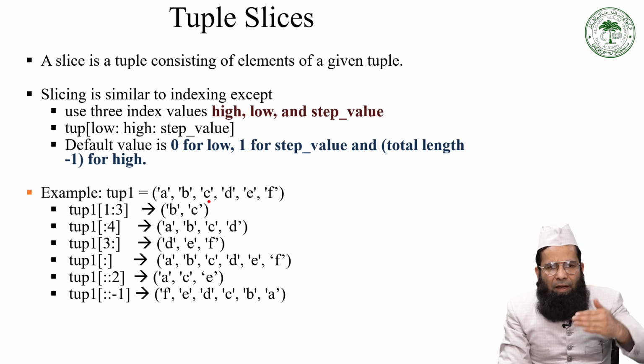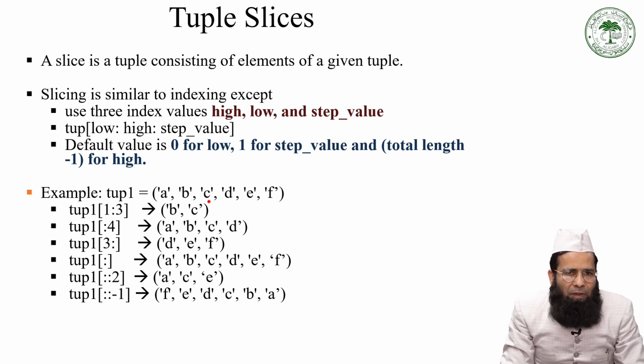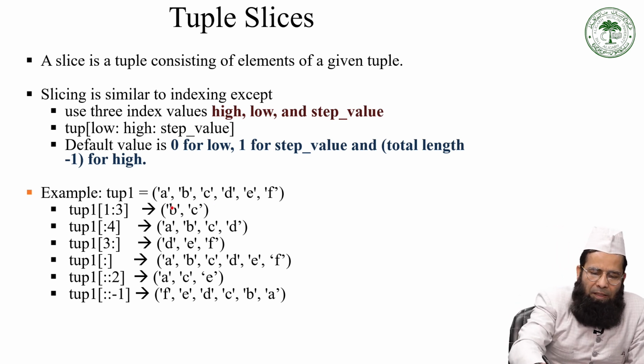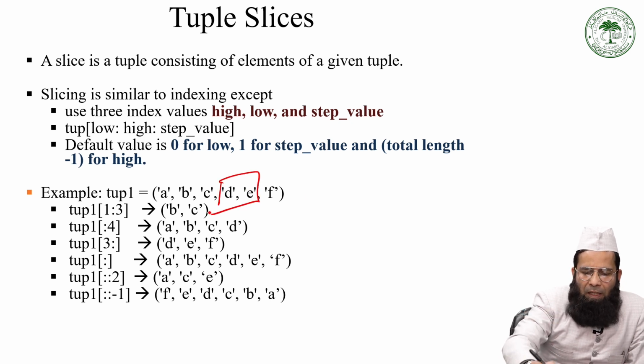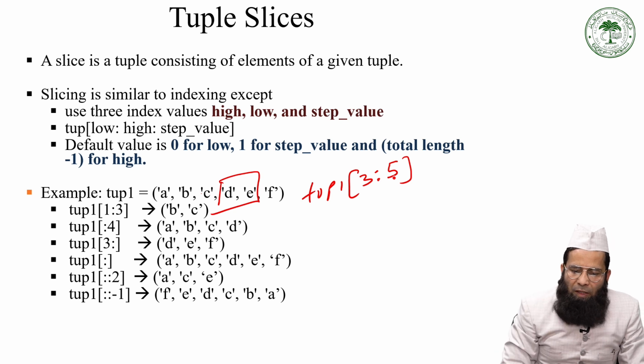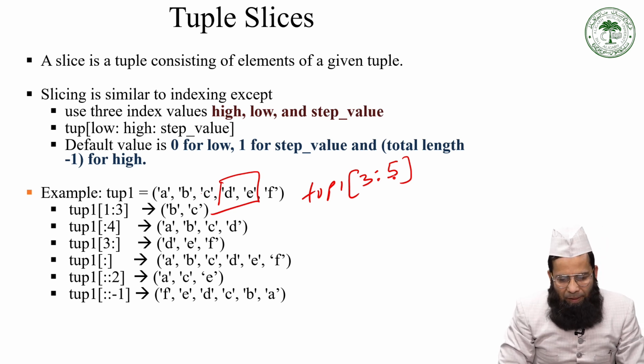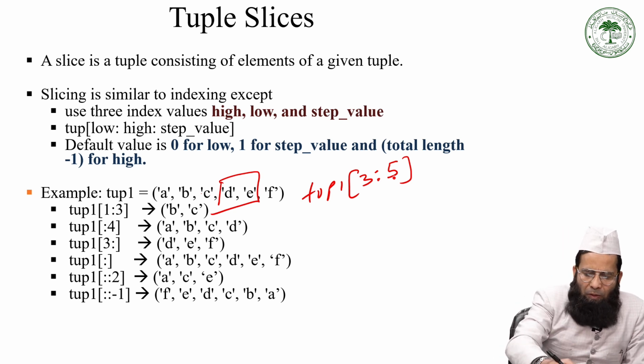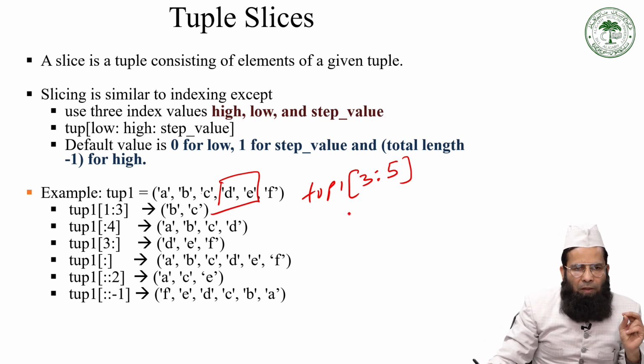So this is the way you can take slice of the data. Like in this case, if you want to take slice of this one, right? So what should I write? I should write tuple[1:], and then this one is 0, 1, 2, 3. So this is 3 and then 5, right? So in this way, you can access the element. Similarly, you can use 2 colons.